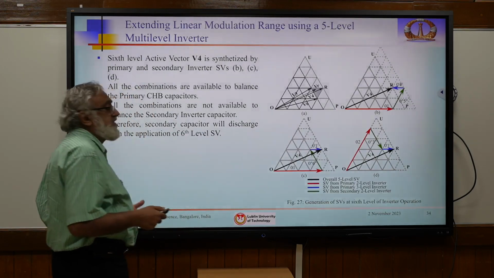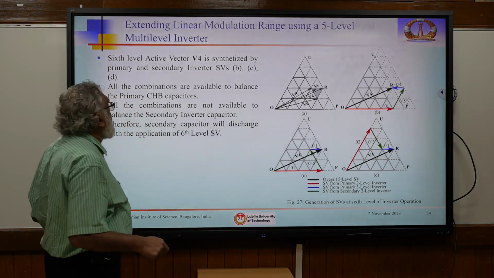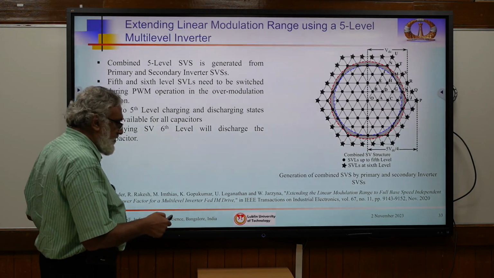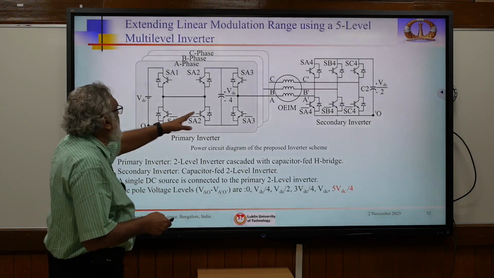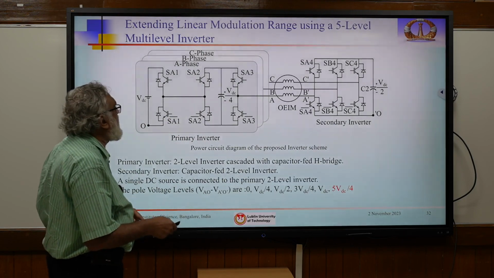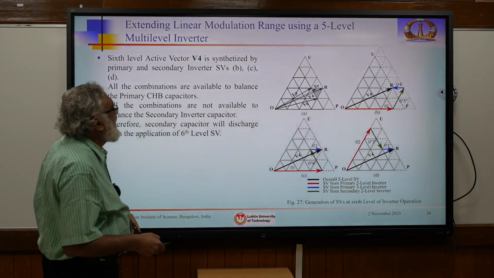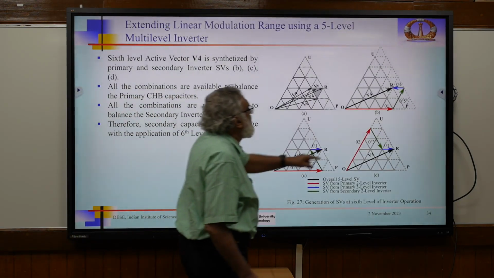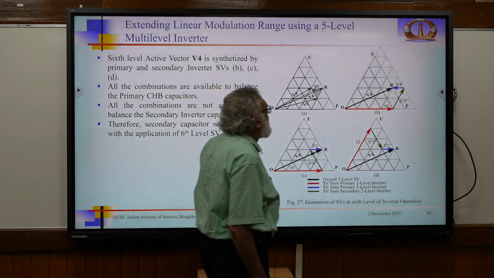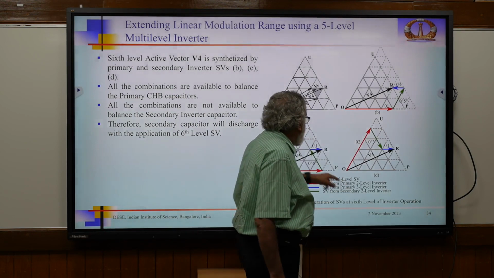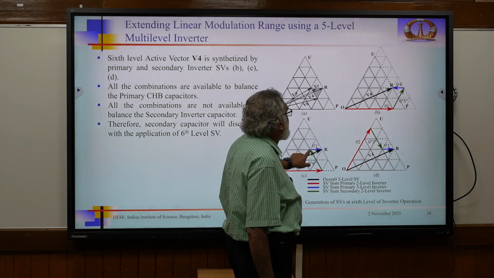Here, if you see the switching state redundancy, different colors are used. These colors correspond to VDC by 4, VDC by 2, as you can see here. Suppose we want this location, here or this location, correct?